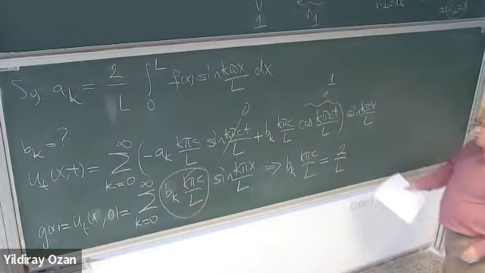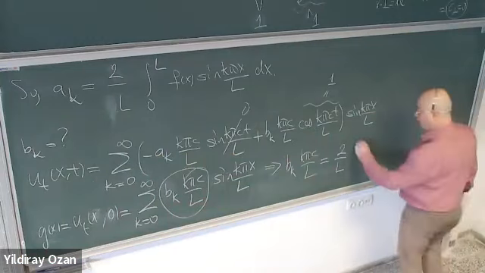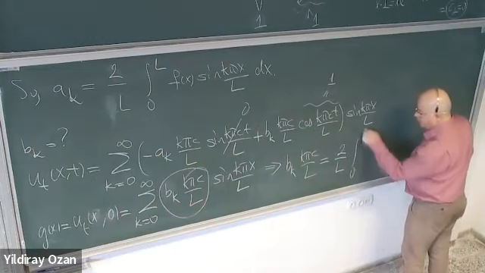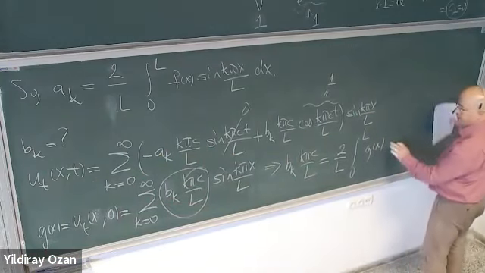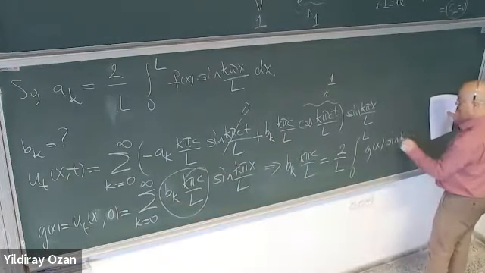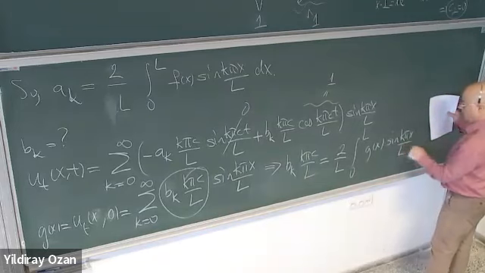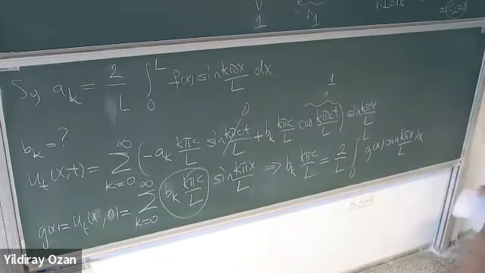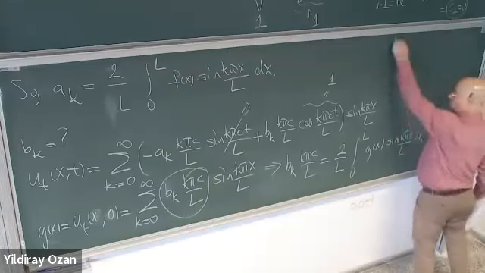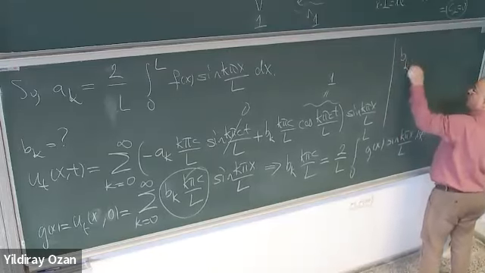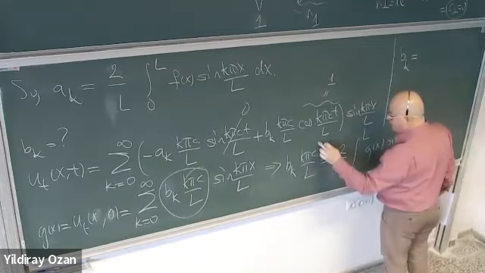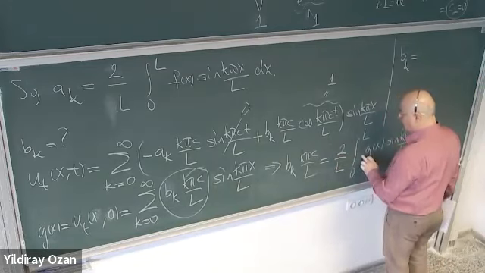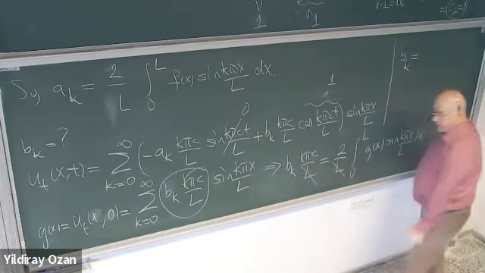So it is 2 over L times the integral from 0 to L of g of x times sine k pi x over L dx. Therefore, b k times this is equal to 2 over L times this. Therefore, these L's are gone, right?